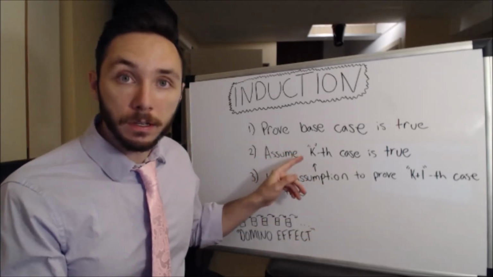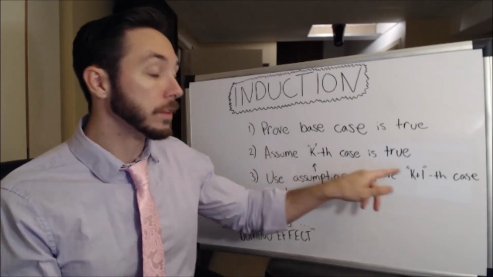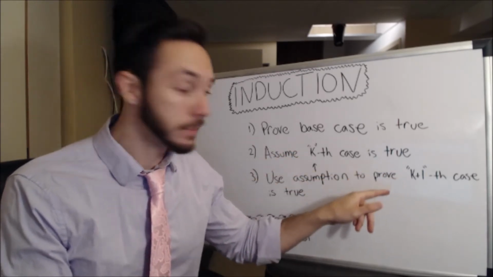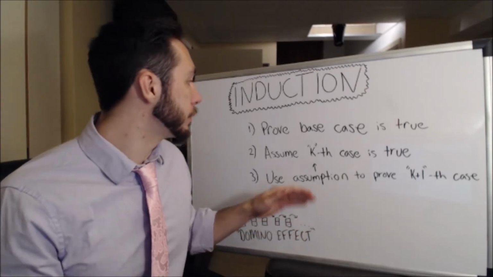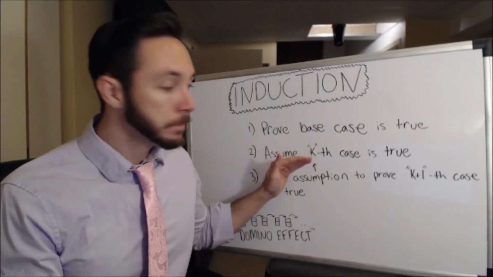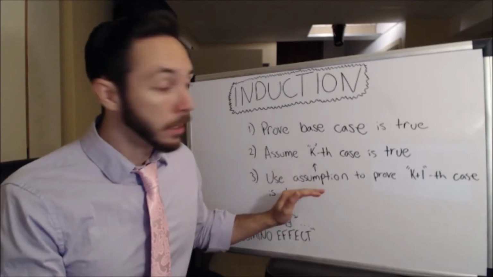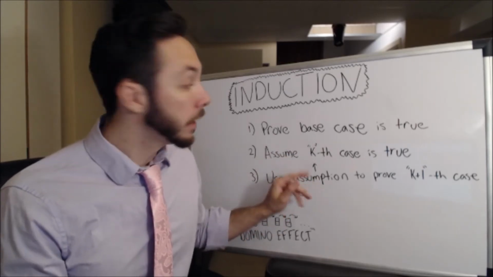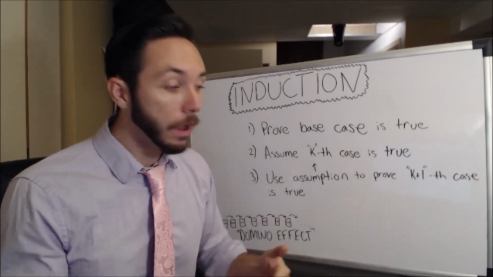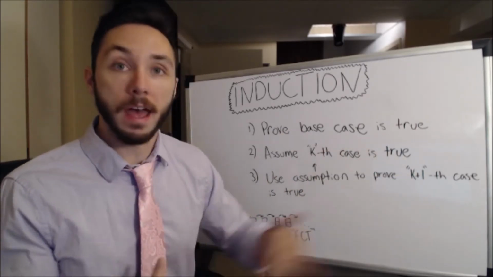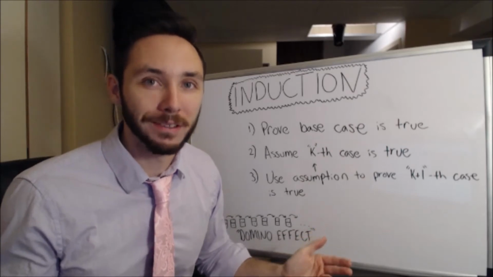Use that assumption to prove that the k plus 1th case is then true. So let's just use the numbers 4 and 5. Assume the 4th case is true. Use that assumption to prove the 5th case. In this process, in this k to k plus 1 idea, you have gone through every single number possible by default.